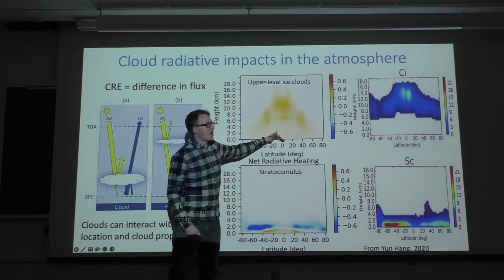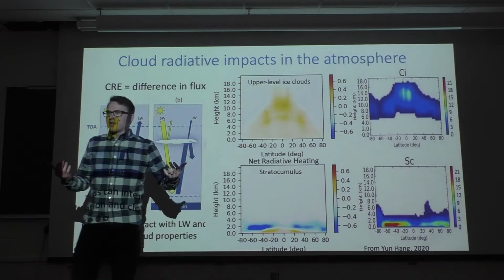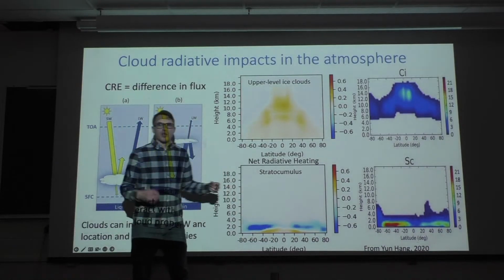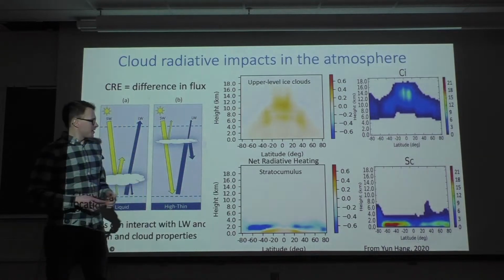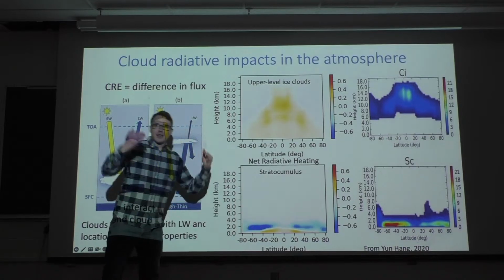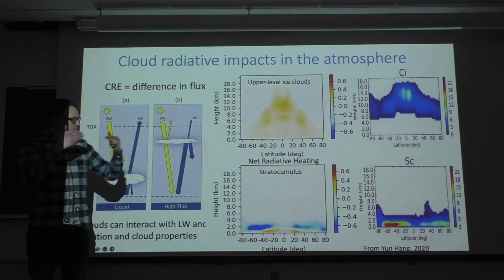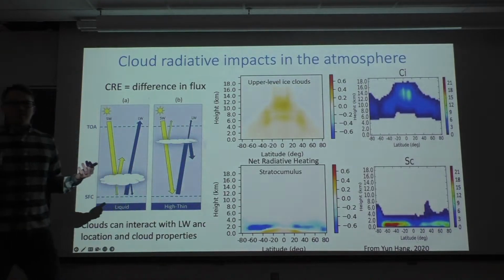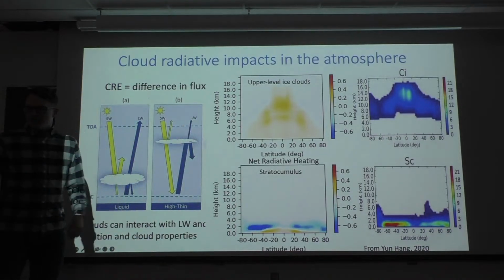And then a substantial amount of heating below these cirrus clouds due to the greenhouse effect, so they're warming the planet. For the stratocumulus clouds, it's really the longwave impacts that are affecting these clouds, where we see substantial longwave cooling at cloud top, and then the intense longwave emitted back to the surface gives us longwave heating at the bottom. So using these observational products, we can begin to dissect specific heating signals.